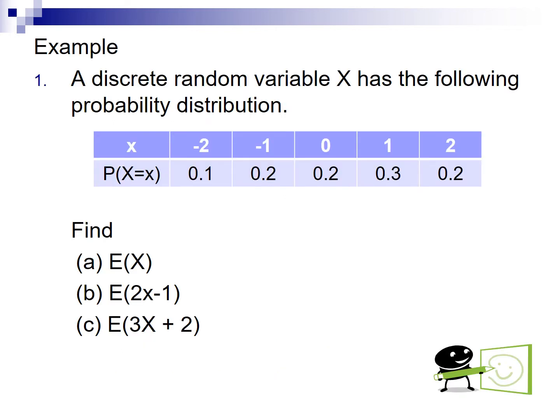Let's look at the first example, how to apply the laws. Notice that the first task is quite simple. You have done this in the previous lesson, finding the expected value of x. Hence, you need to find the expected value of 2x minus 1 and the expected value of 3x plus 2.